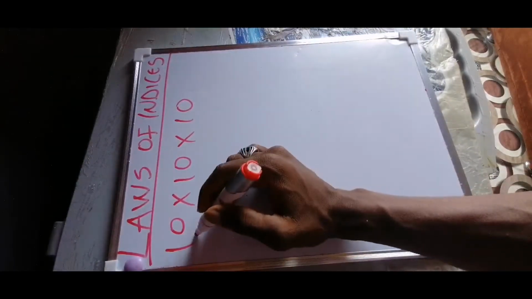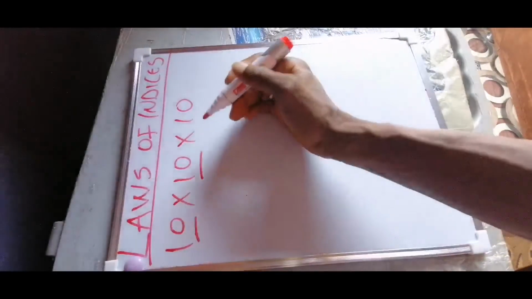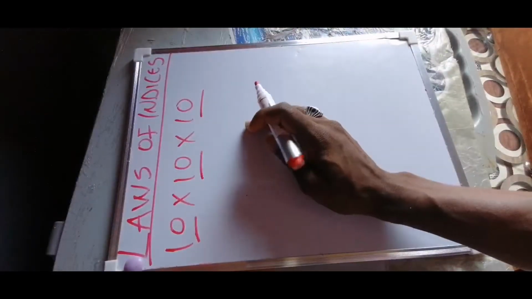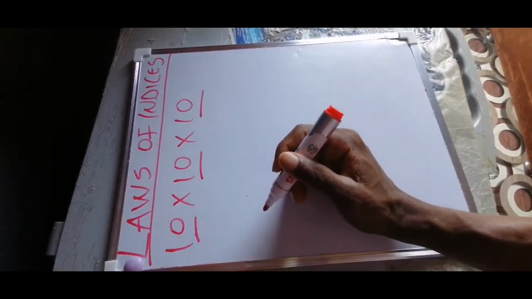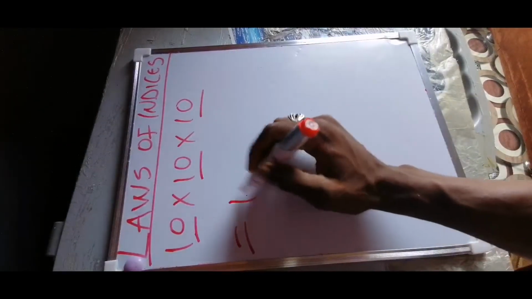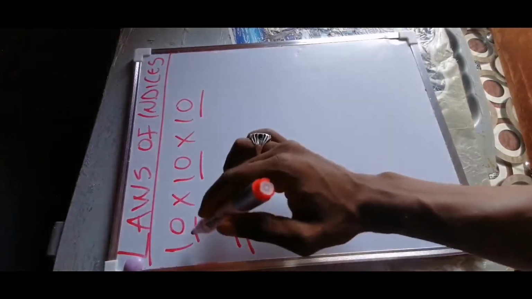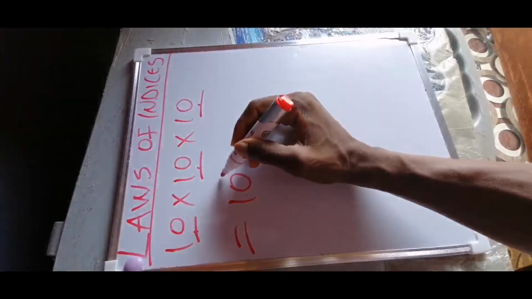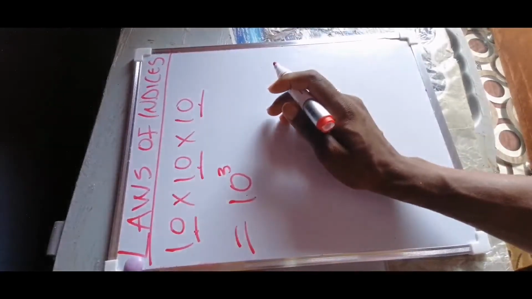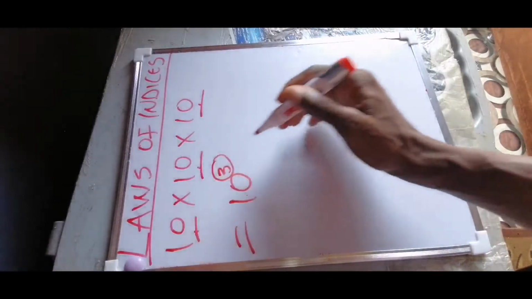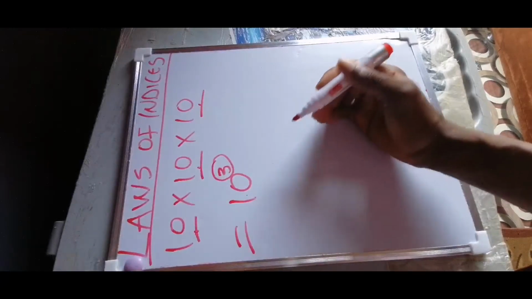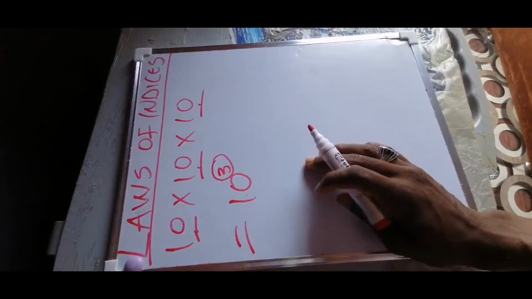Here we have three 10s, so in indices form it equals 10 raised to the power of 3. This 3 is the index, you may say the power of 10.